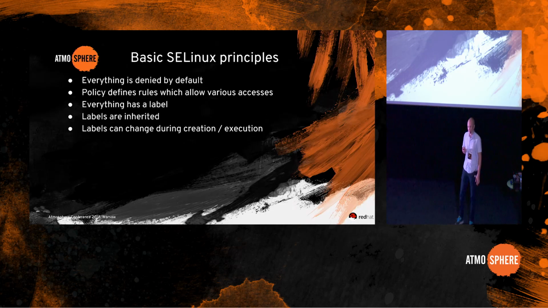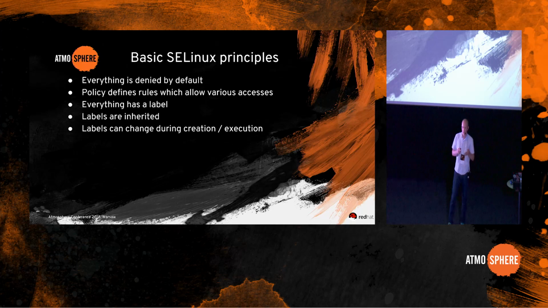So, first, some basic SELINUX principles. Everything has a label. Everything is denied by default. SELINUX policy brings rules, and these rules allow various kinds of accesses. Everything has a label, meaning process has a label, file, directory, device, whatever, network port. These labels are usually inherited, which means that a child process inherits the label from its parent.